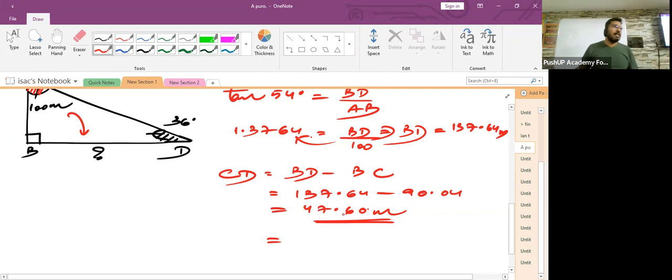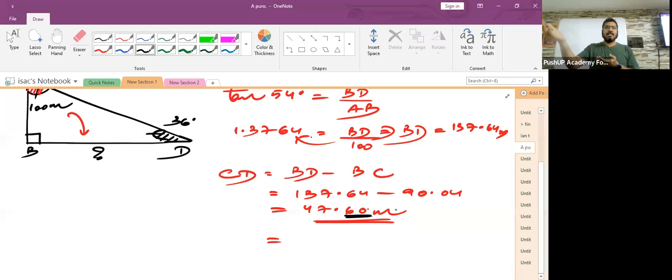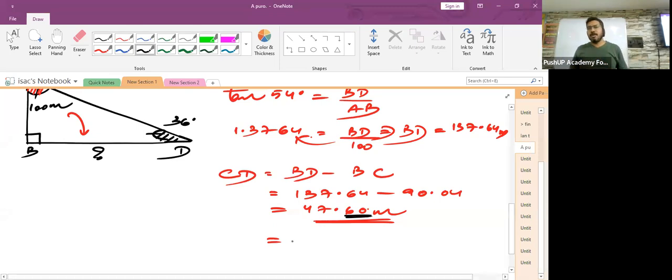Correct to the nearest meter. Now, you have to look at the value coming after the decimal point. It is 0.60. 0.60 is greater than 0.50. So children, it will be rounded off to the next integer. Which is the next integer after 47? 48 meters. Very good. 48 meters.